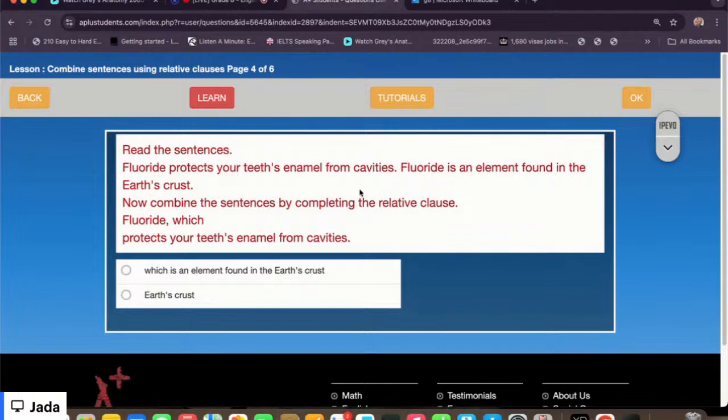Fluoride protects your teeth enamel from cavities. Fluoride is an element found in the Earth's crust. So you have to combine the sentences by completing the relative clause. Which of these is the right one here?